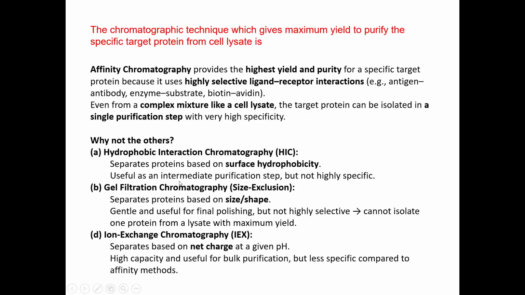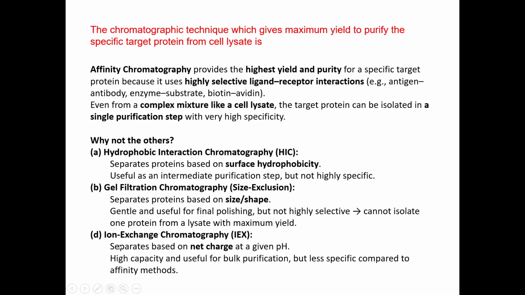So it is useful as an intermediary step, maybe, but not highly specific to one target. Then your gel filtration chromatography is basically size and shape selective, so it's not highly selective and cannot isolate one protein from a mixture of lysate. And the yield also will not be in pure form.